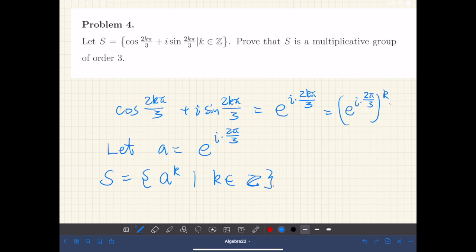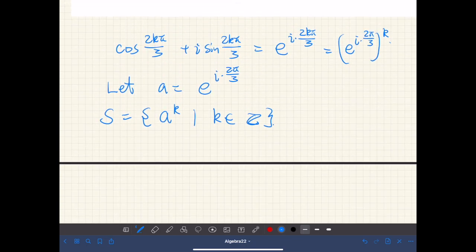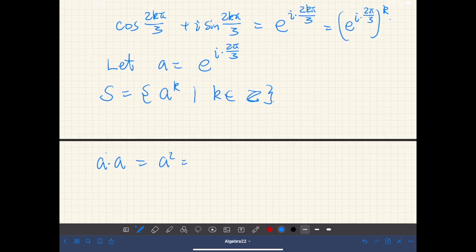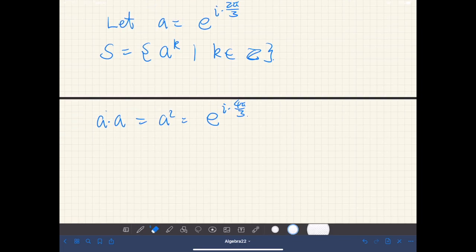Now, if we multiply a twice, a squared is exponential of i 4π over 3. And if we cube a, then we have exponential of i 2π, which is 1.